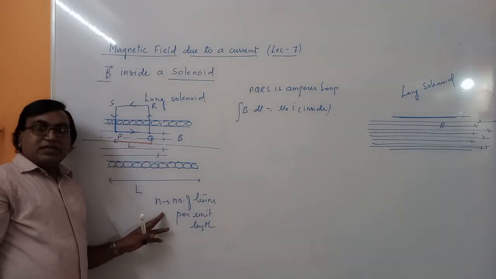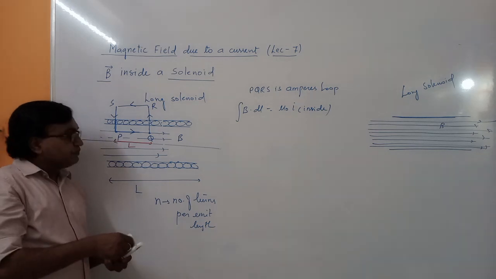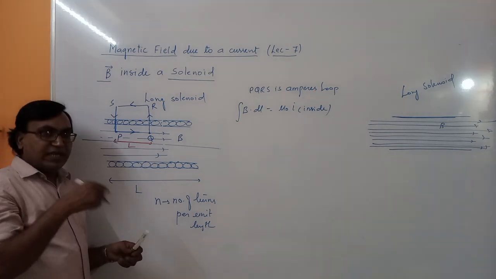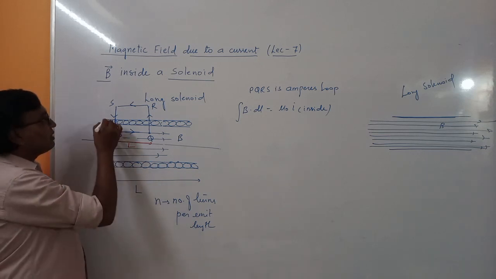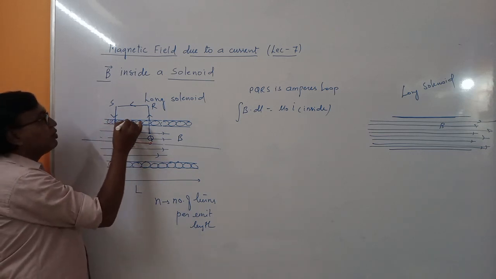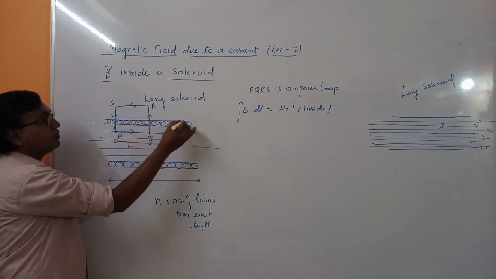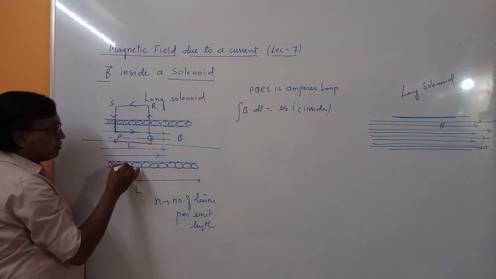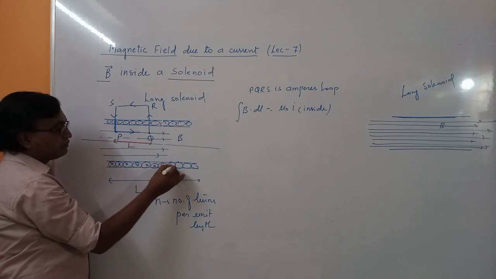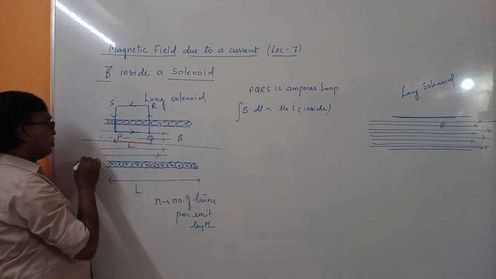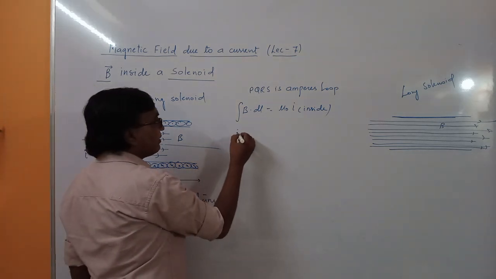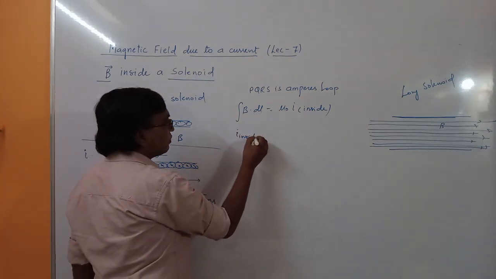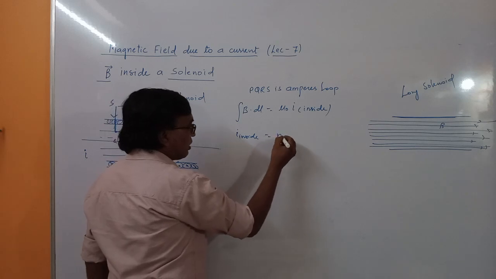Now small n is number of turns per unit length. Then total current: in each turn current is I. So current here is I outside the board, and inside. So current is I. Then I inside will be total number of turns.